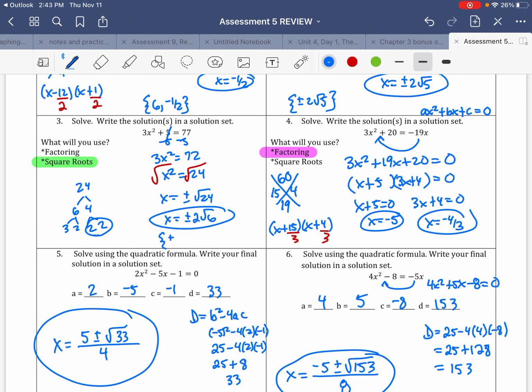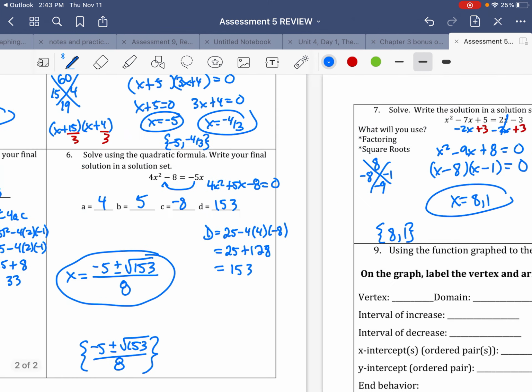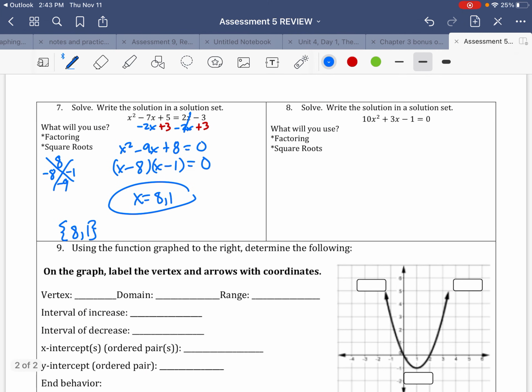And let's see, down here in a solution set, plus or minus 2 radical 6. And down here, -5, -4/3. All right, here, 5 plus or minus radical 33 over 4 in a bracket. And here, -5 plus or minus radical 153 over 8 in my brackets.